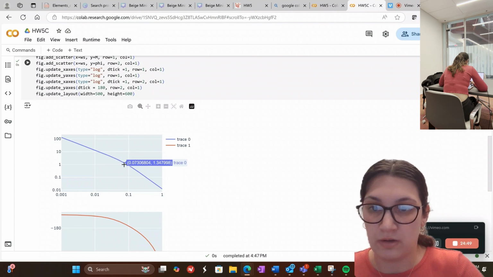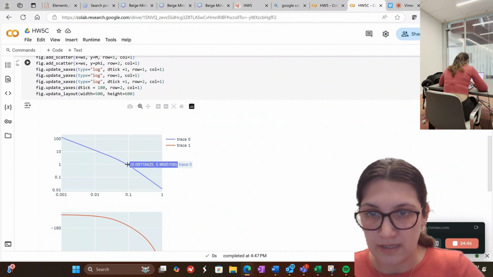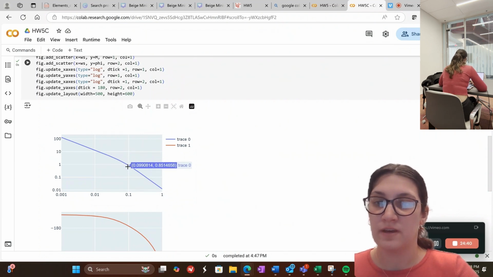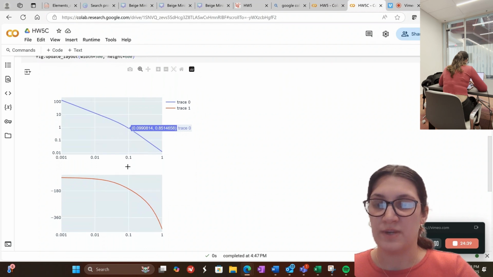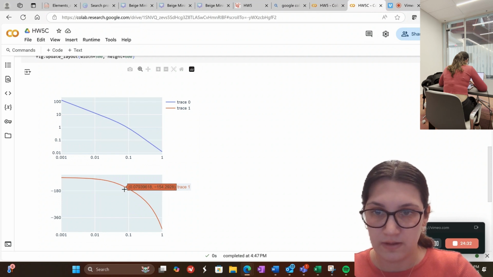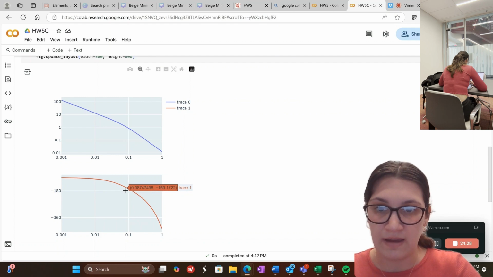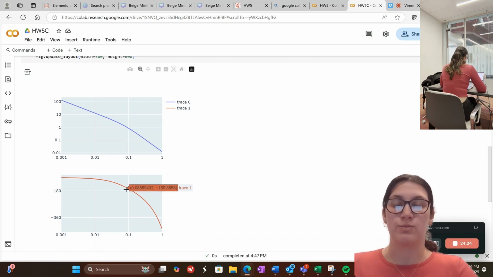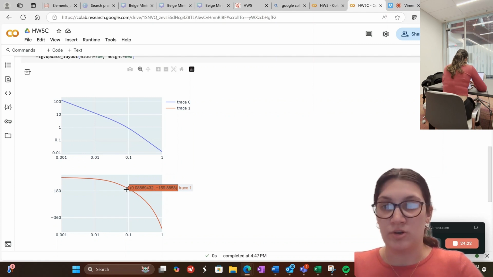If we go over here, we'll find that we're at 1 at about 0.085. So now we can come down here and find that same x value. We're looking for 0.085, so it's somewhere around here. And we're at about 160 degrees. To get our margin of 30 degrees, we want to be at 150. So we are a little bit off.